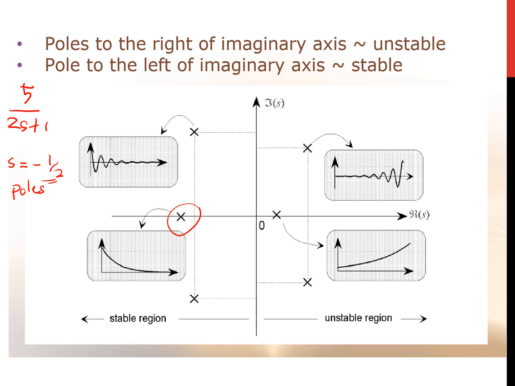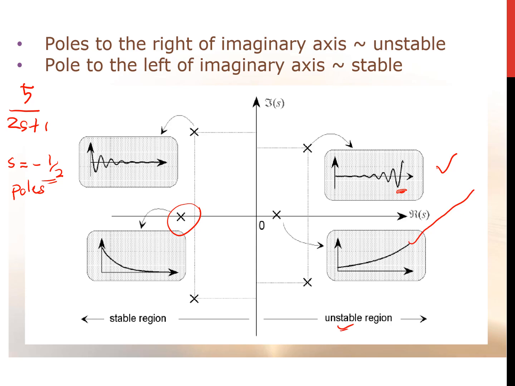Unstable is like this one. Why does it become unstable? If you take a look, initially it starts static, and then you have the oscillation, and the amplitude of the oscillation gets larger, resulting in a bigger, sluggish response. This one will never reach the steady state. The same goes with this one: the response keeps increasing, so this one is not stable.